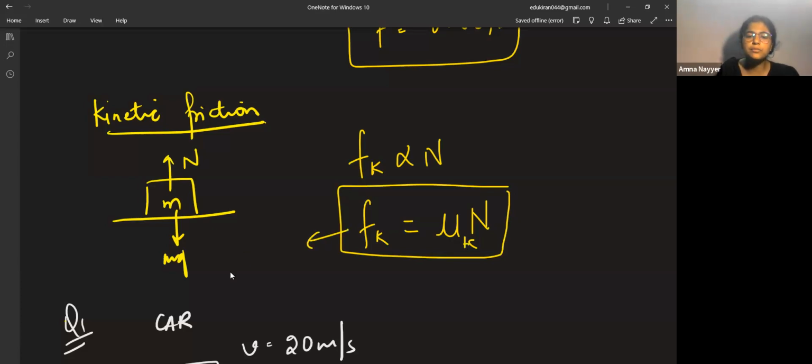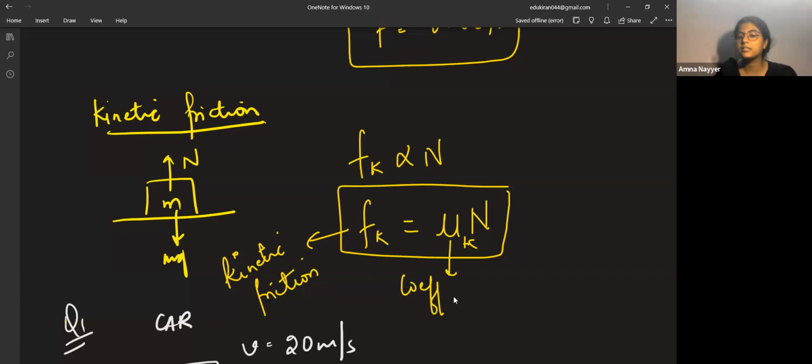See, this becomes your kinetic friction, this becomes the coefficient of kinetic friction, and again, this is your normal reaction.